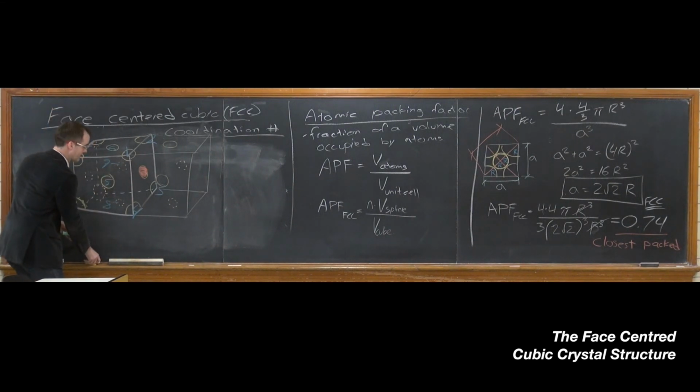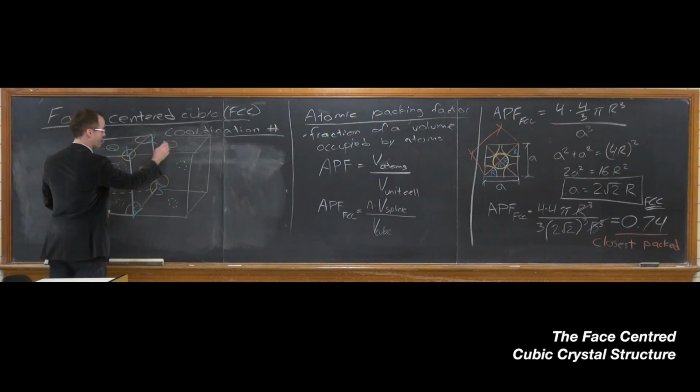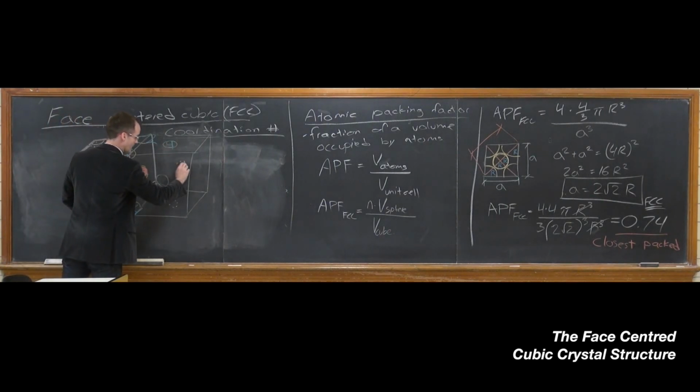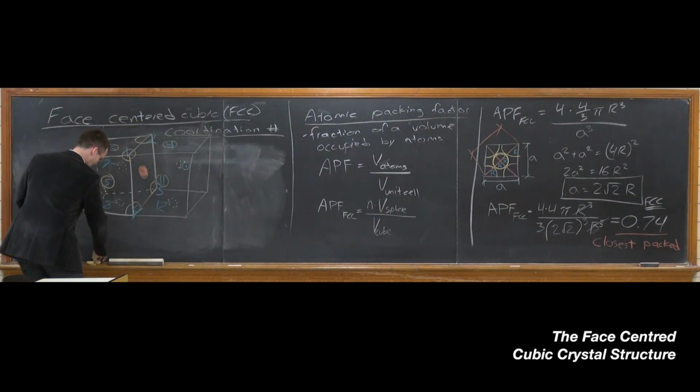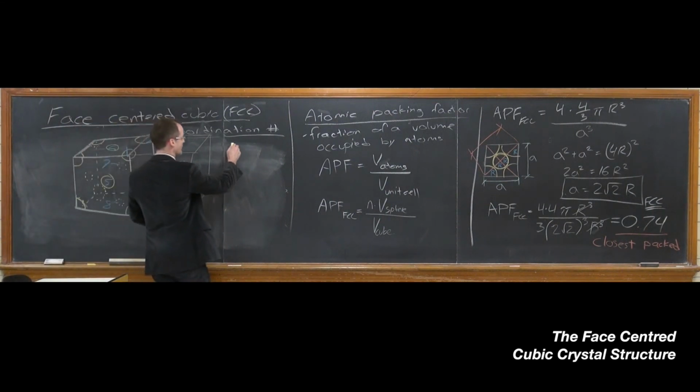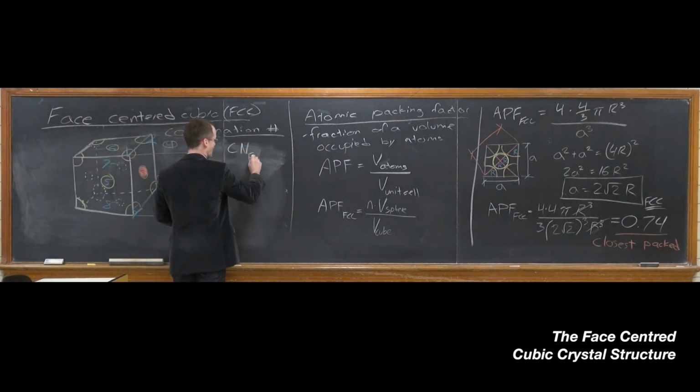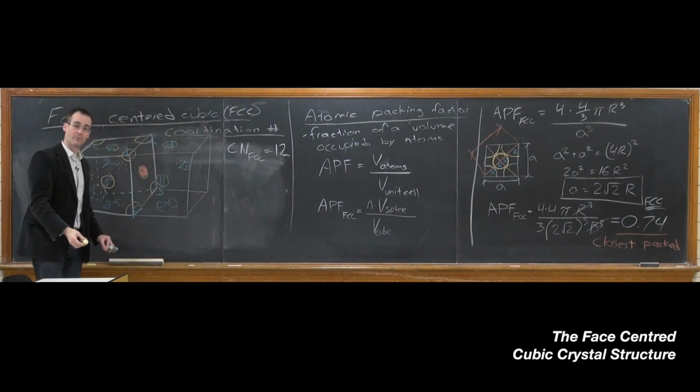So that would give us atoms 9, 10, front 11, and bottom 12. So the conclusion here is the coordination number for FCC is 12. And that's a great place to stop right now. Thank you.